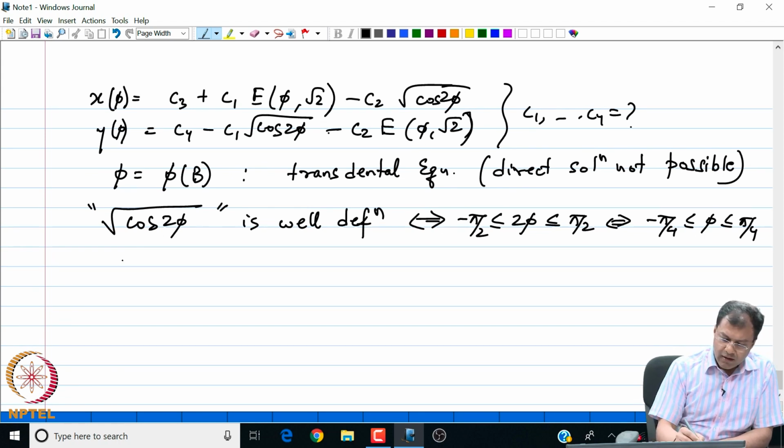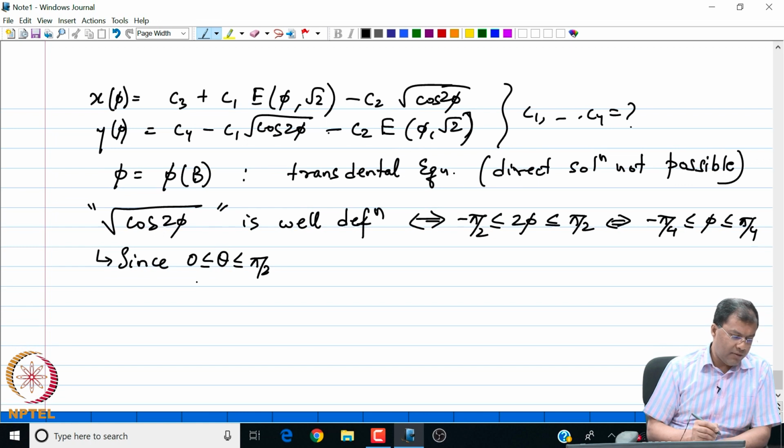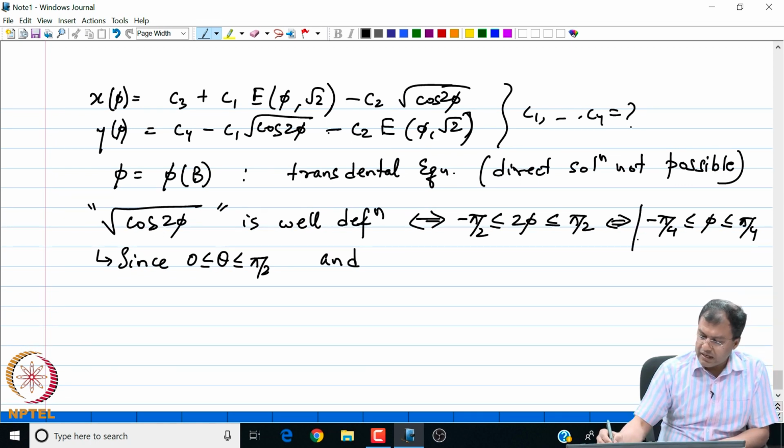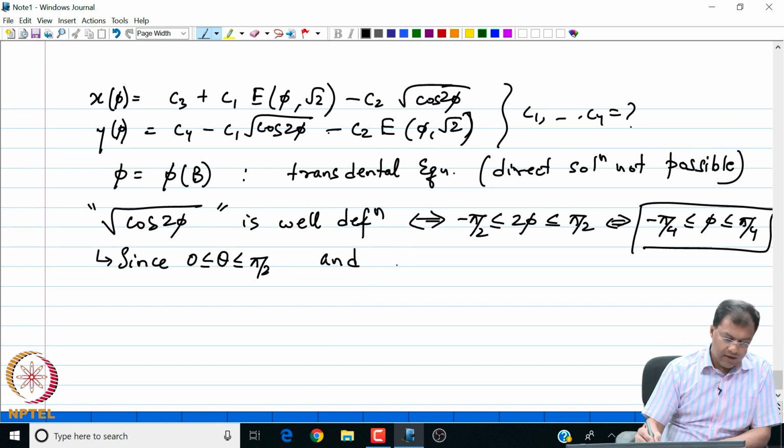However, since I have already derived that theta was from 0 to pi by 2, this is something that we had to begin with, right. And so, this was the larger range of phi. Phi will be certainly within this range. Now, also we have that phi is centered around 0, right.